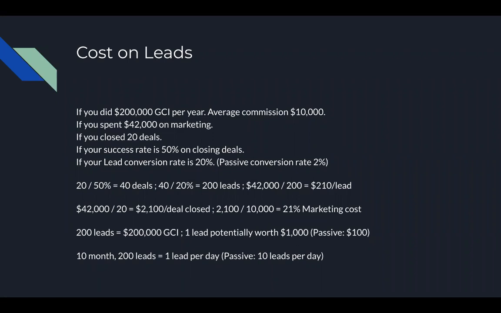If your closing success rate is about 50%, and your lead conversion rate is about 20% (passive conversion rate is normally 2%), then 20 divided by 50% equals 40 deals, and 40 deals divided by the 20% lead conversion rate gives you 200 leads.